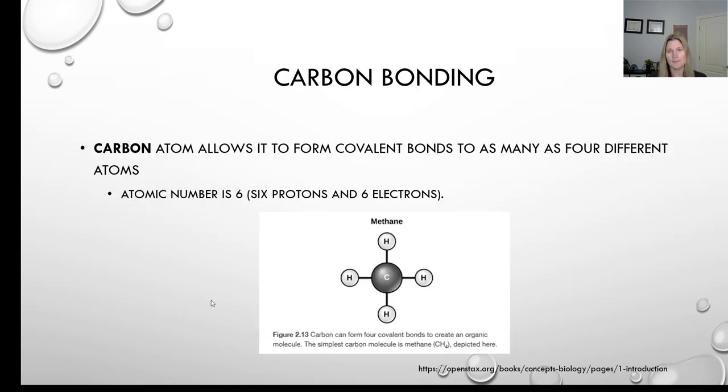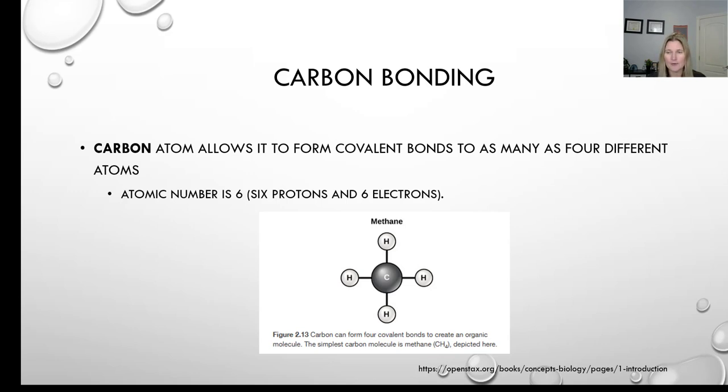So let's start out by just refreshing our memory on carbon. Living things are carbon-based. That means that we have a lot of carbon atoms in our body, and they're making up the major macromolecules of our body. So let's refresh our memory of what that carbon atom looks like.